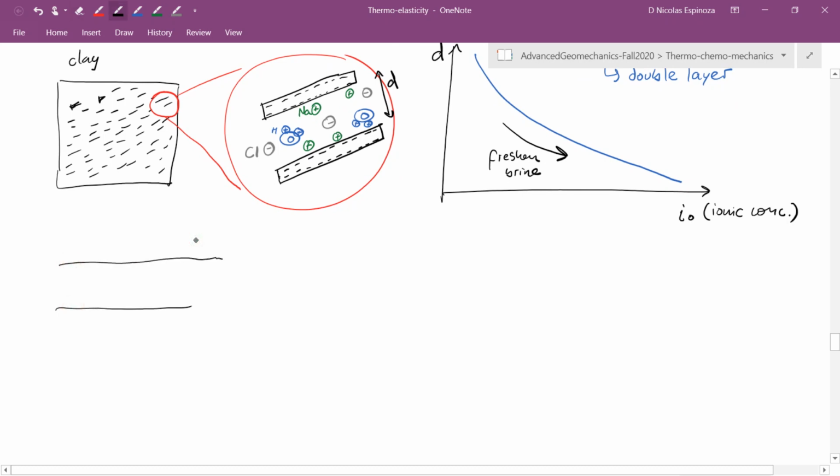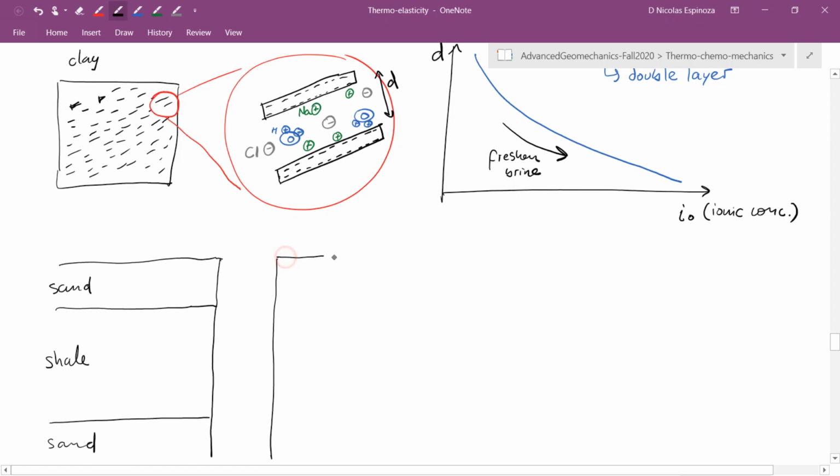Let's imagine that we have a sand formation, a shale formation, and again a sand. And we're going to drill a wellbore through those formations.